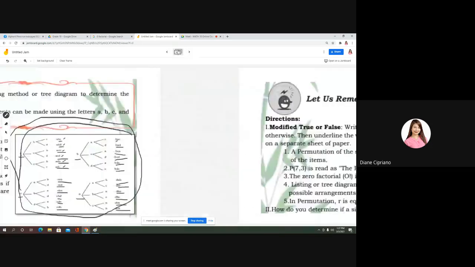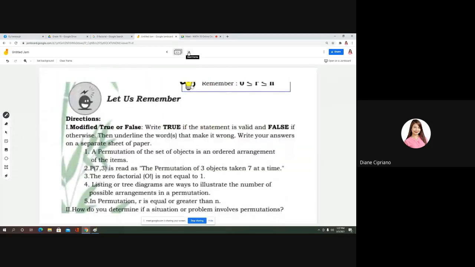So this is your activities on quarter 3 week 1. So all you need to do is just to answer the let us review. Kasama 'yon sa sasagutan, nabanggit ko naman kanina. Yung let us review na 1 to 10. I-announce ko na lang din to sa GC nyo later. Let us remember, identify true or false lang.